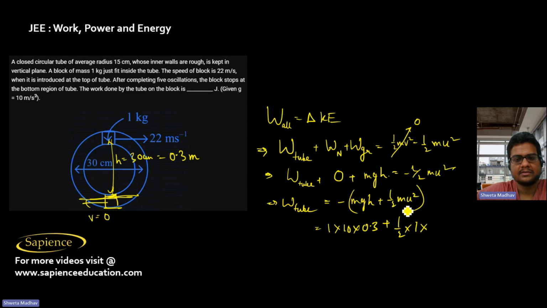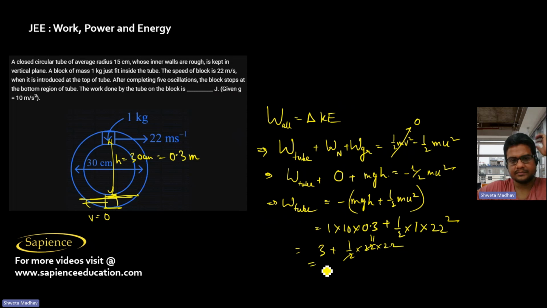M is 1 kg, and u is 22 square. This will be 3 plus half into 22 into 22, 2 11s are 22.